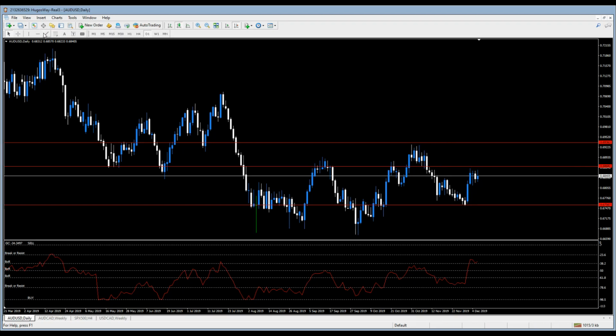So this is literally how I trade. I figure out the support and resistance from the weeks past, the month that's happening.